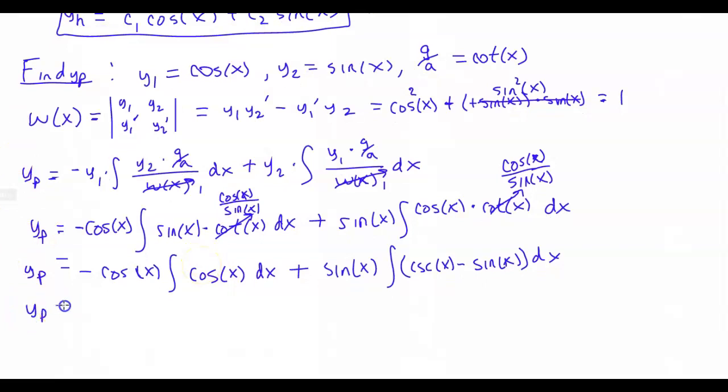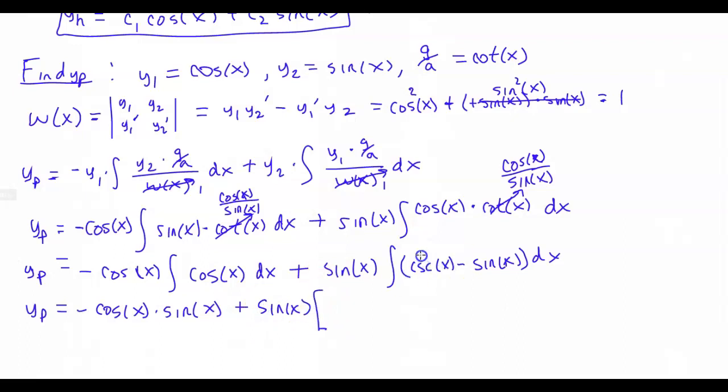So here, y sub p. We know that the antiderivative of cosine is sine. And again, we're not going to write out the integration constants. Have sine of x here.